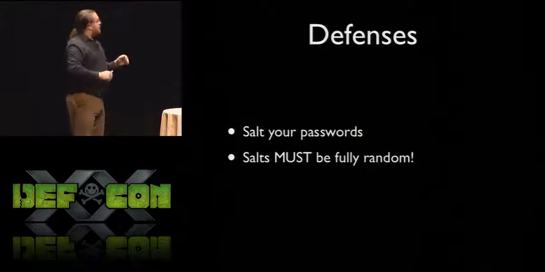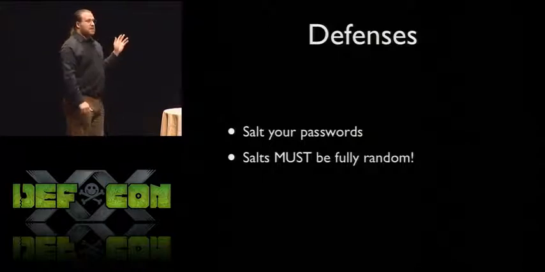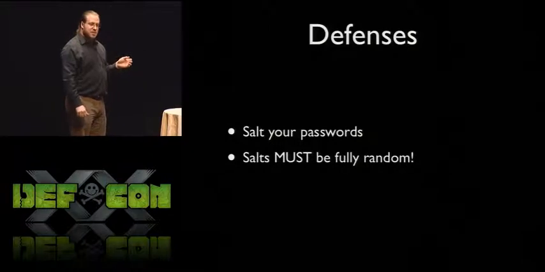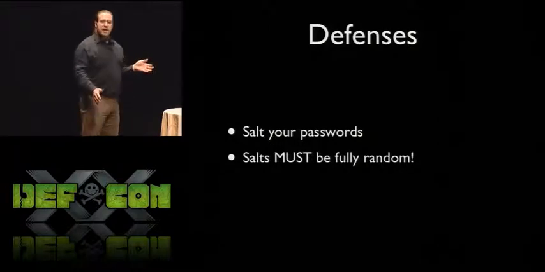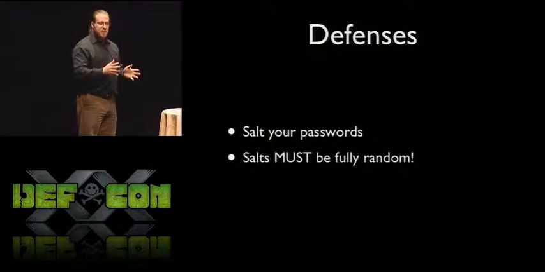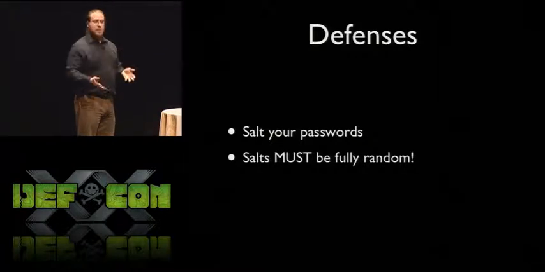The other thing is your salts must be large. The performance penalty for salted hashes comes because when I go about attacking passwords, I generate a password, but if I have 100 salts, I have to run that hash algorithm 100 times with each salt. So I'm slower by a factor of 100.